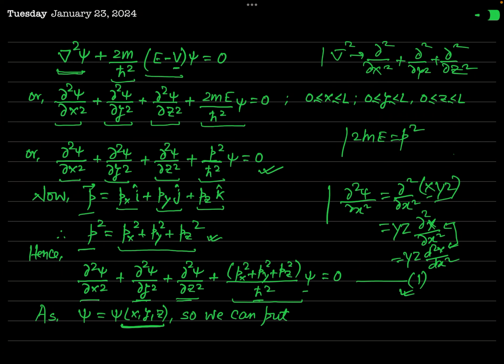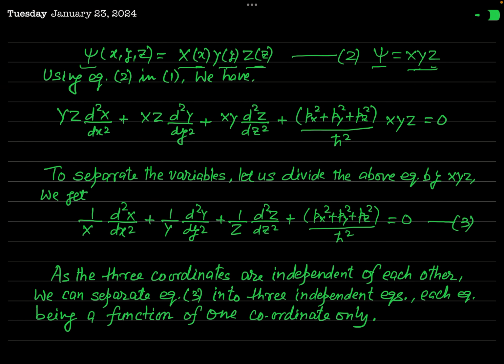After substituting, the equation becomes: YZ times d²X/dx² plus XZ times d²Y/dy² plus XY times d²Z/dz², and in the last term ψ has been replaced by XYZ.